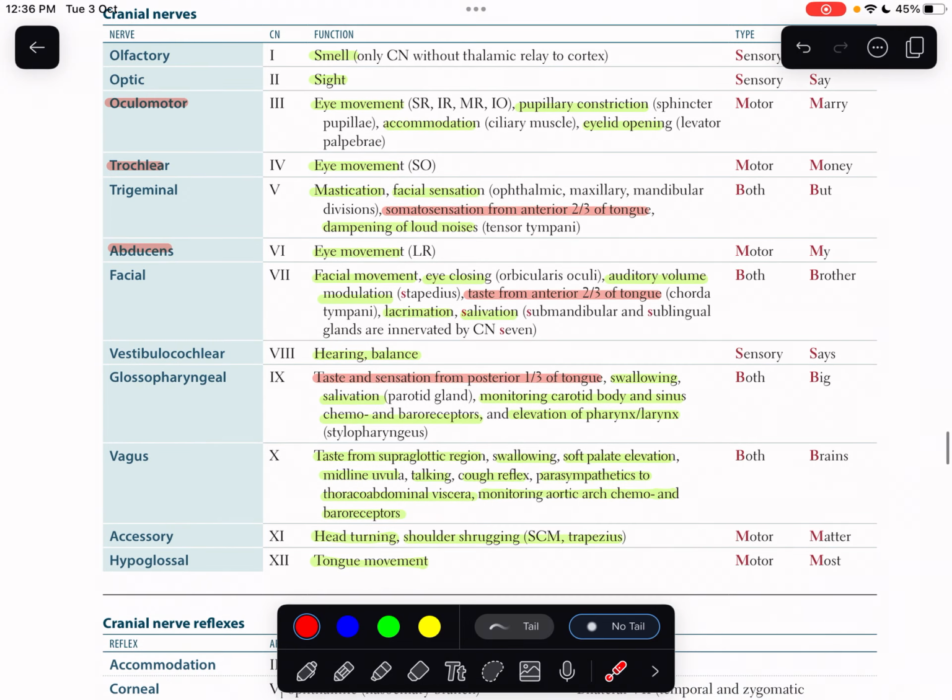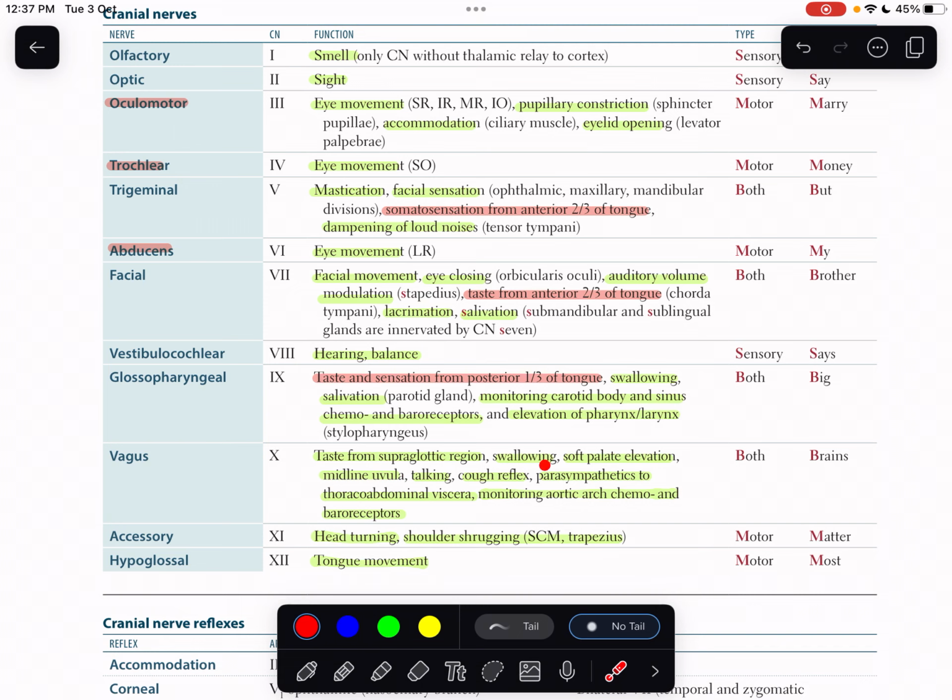Then we have vagus. Vagus is the 10th cranial nerve. Facial and glossopharyngeal sense the taste from your tongue, but vagus senses the taste from the supraglottic region. When your food goes and touches the supraglottic region, you are also going to have some taste there, because vagus is involved in some taste sensations as well.